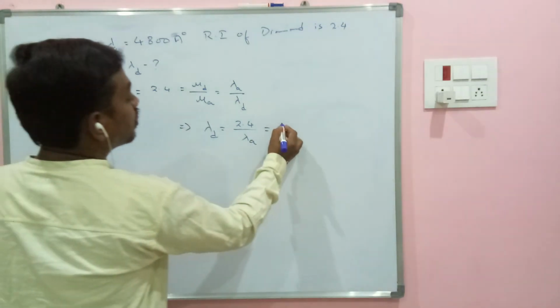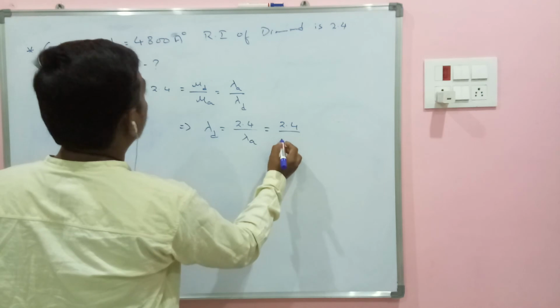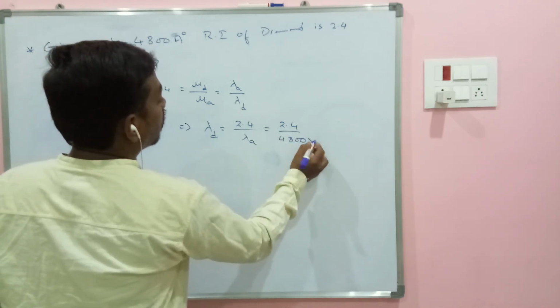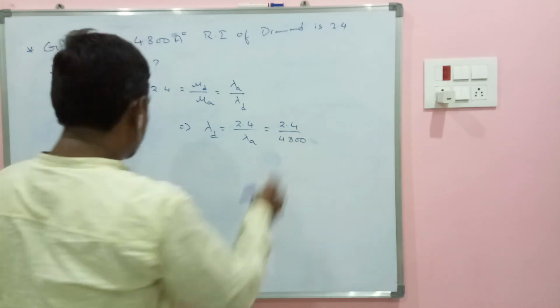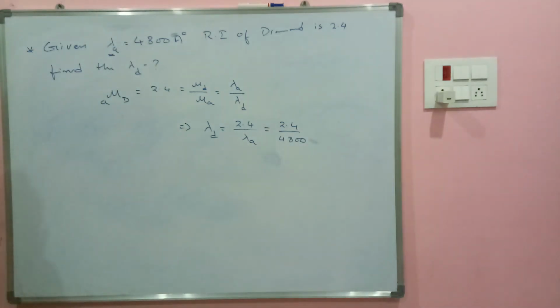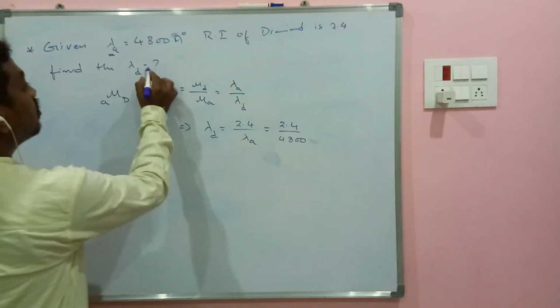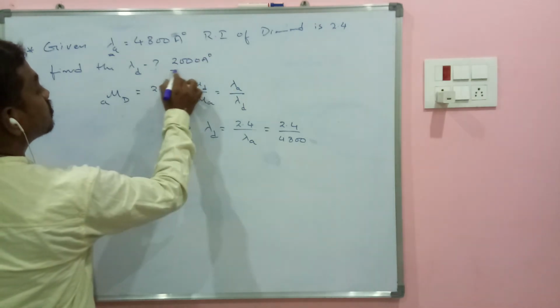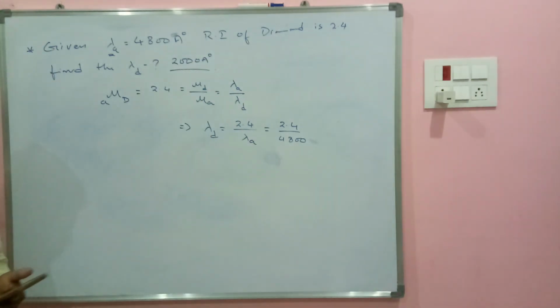So this can be written as 4800 divided by 2.4. Convert Armstrongs into meters and substitute, and you will get the answer, and the answer will be around 2000 Armstrongs. Can you solve it?